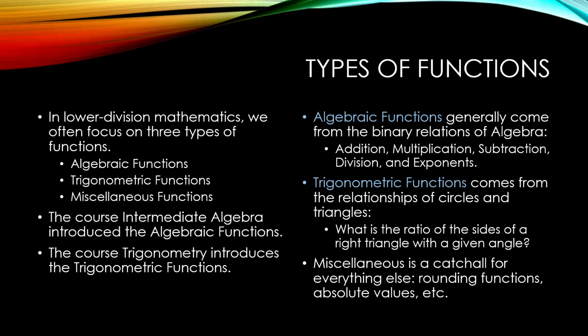And so, for instance, 2 to the x, technically that's not an algebraic function. That would be considered a transcendental function. But because it is coming from exponents, which is a binary operation, one of our algebraic structures, I'm throwing it in here with the algebraic functions. And it does fit okay with the other algebraic functions because of that.